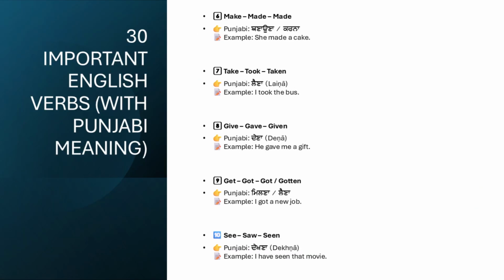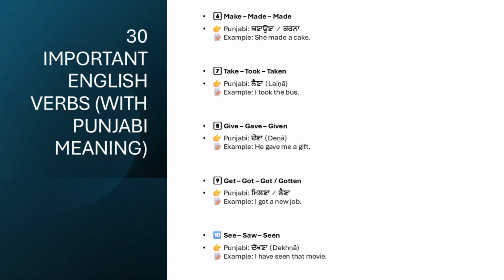And the sixth verb is make, which means banana or karna. Make, made, made. Make is the base form, and the past form and the past participle both are same, made. For example, she made a cake.